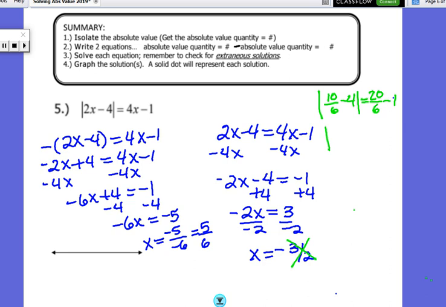When I add these, 10 sixths minus 4, I'm going to reduce that fraction by 2: 5 thirds minus 4. Reduced by 2 again, 10 thirds minus 1.